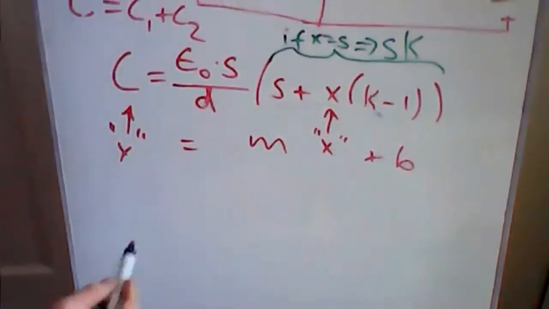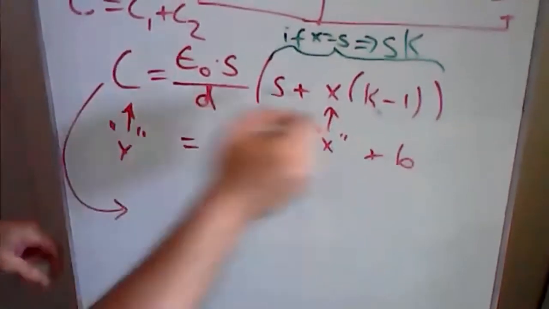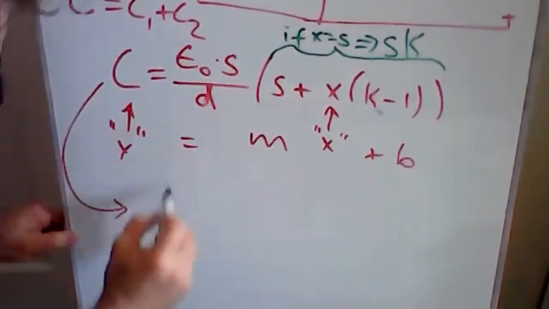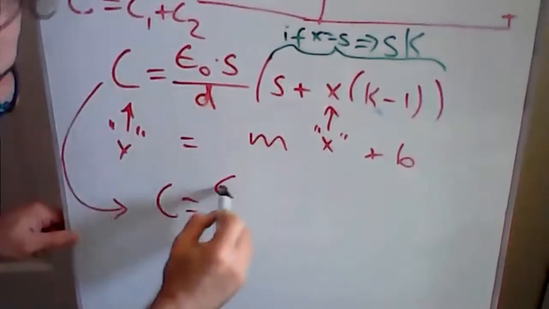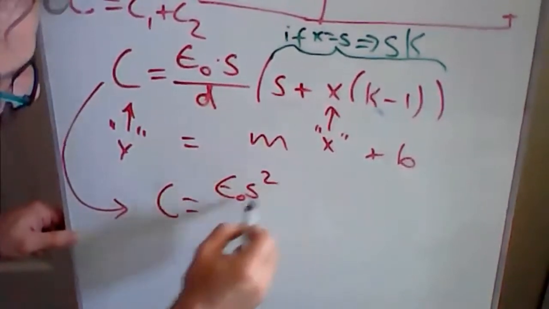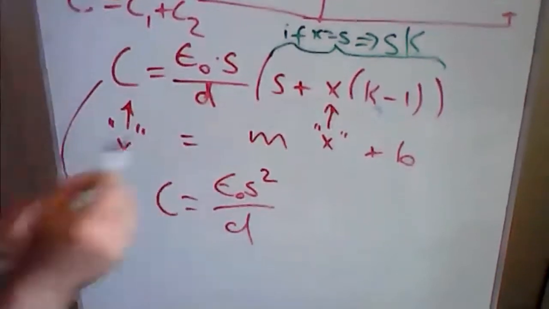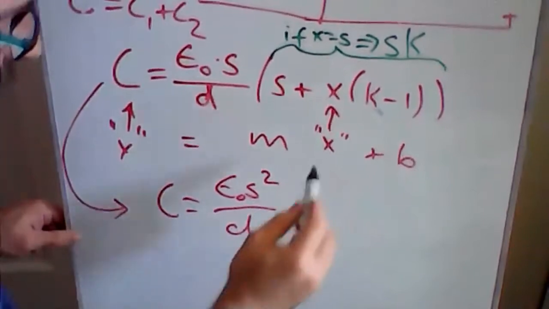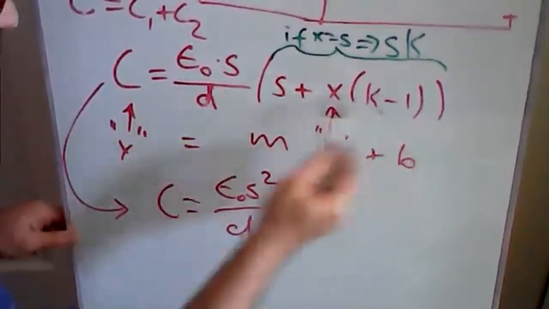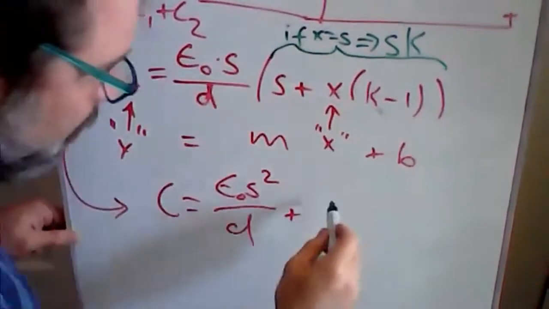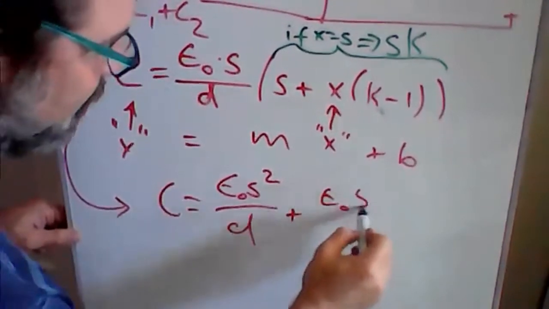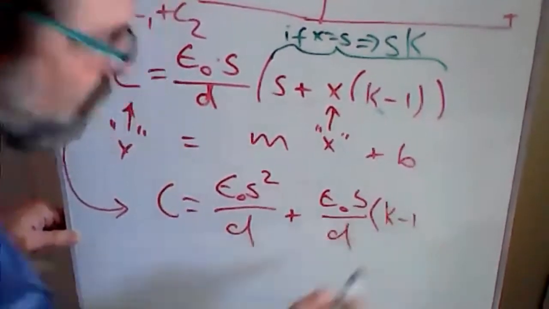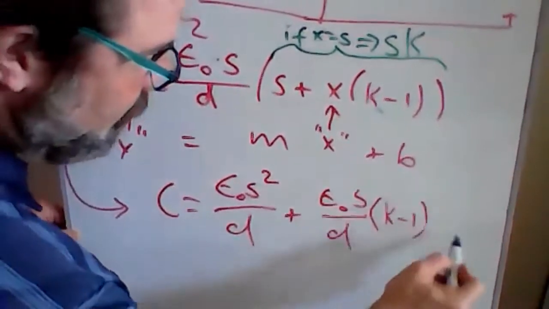Okay, so let's actually take this equation and multiply this thing out over here. And let's see what we have. So we have here C is equal to epsilon naught s squared divided by d. That's the first part, right? And then we have plus, and I'm going to take the second thing and multiply it out as well, right? And we're going to have here epsilon naught s over d times (k minus 1), okay, times x.